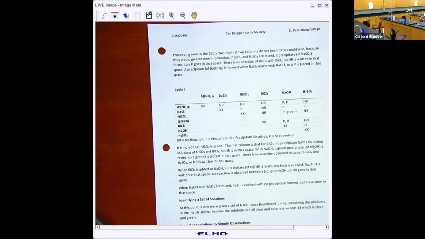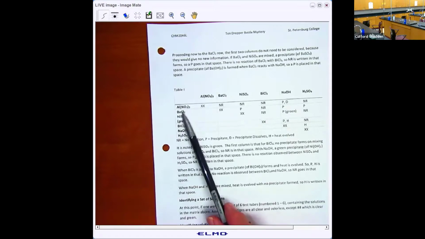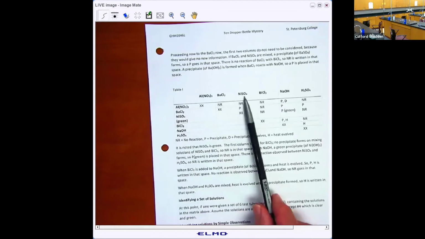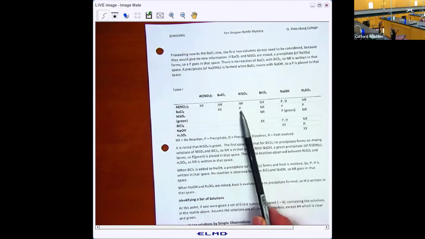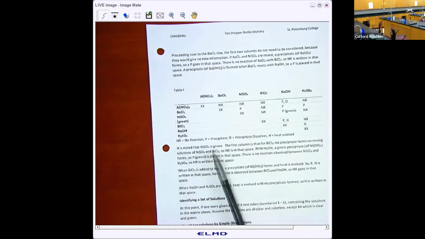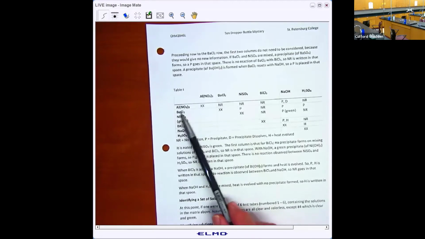But let's look at one of the ones where there is a reaction. So if we move down a little bit on this side, the barium chloride, which we already mixed with aluminum nitrate here, but if now we mix barium chloride with nickel sulfate, which would be this grid point, there's a P written in there, and that's because one of the 2 combinations you can get with these is insoluble, and the 2 combinations are either the barium with the sulfate or the nickel with the chloride.